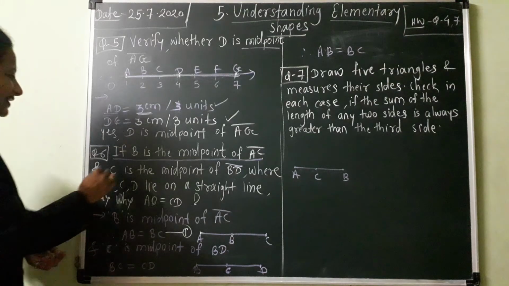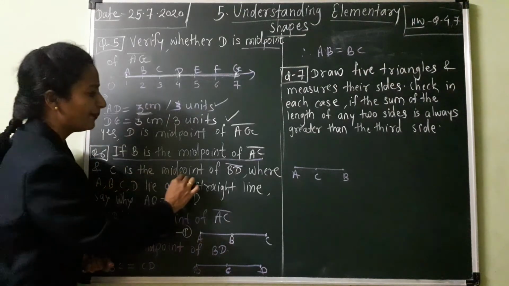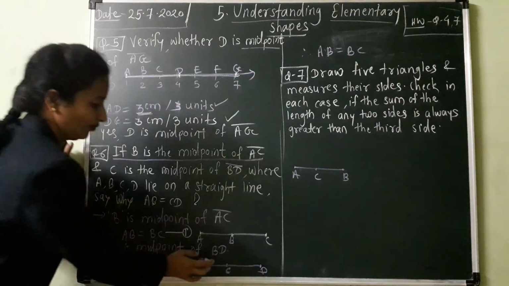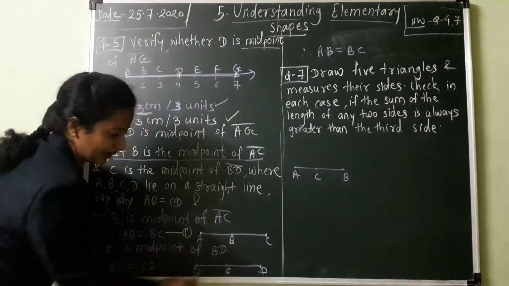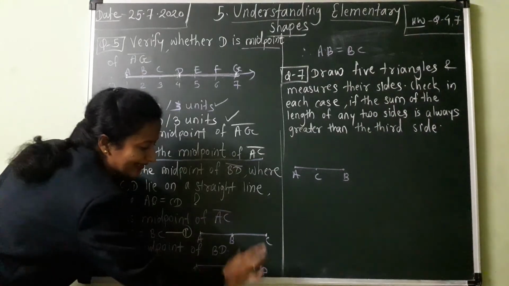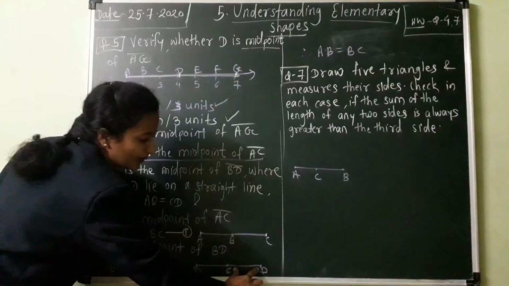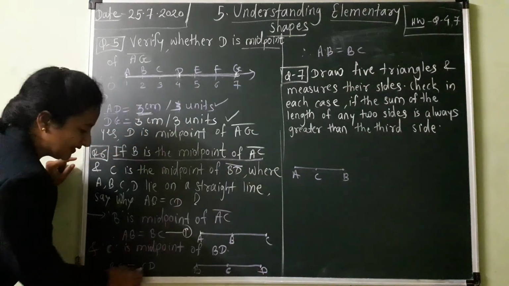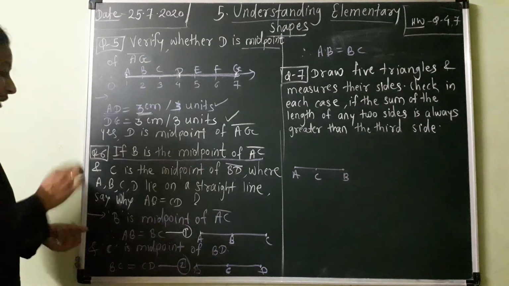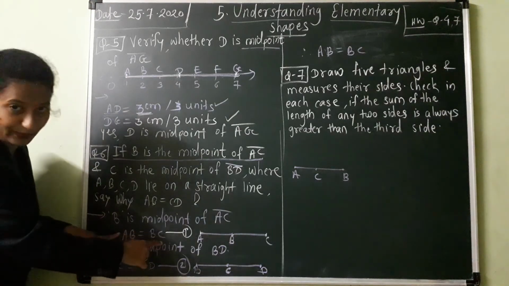Now the second statement is like this one. C is the midpoint of BD. Here I have drawn the line segment BD, and C is the midpoint. Means the length of BC is exactly equal to the length of line segment CD. So BC is equal to CD. This is the second equation. Now see, in the first equation, AB is equal to BC, right?